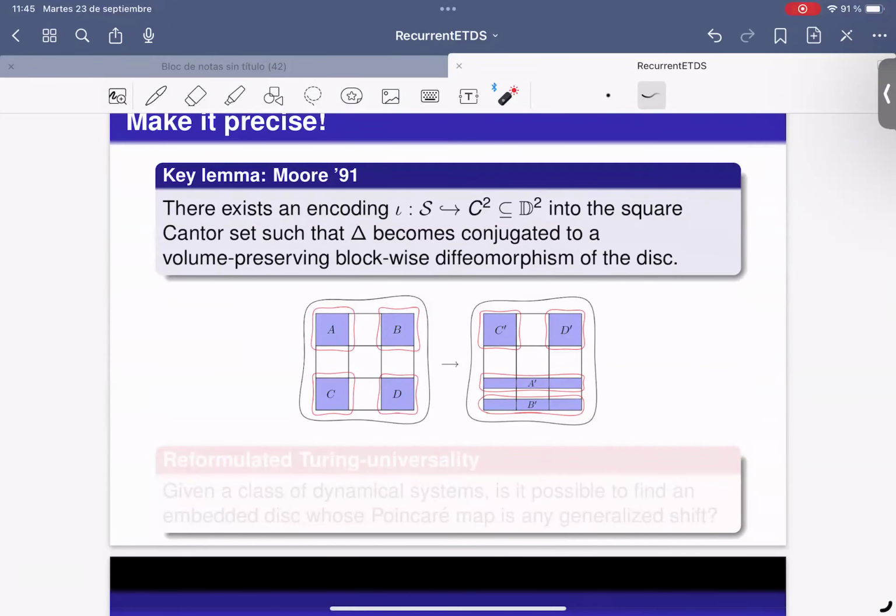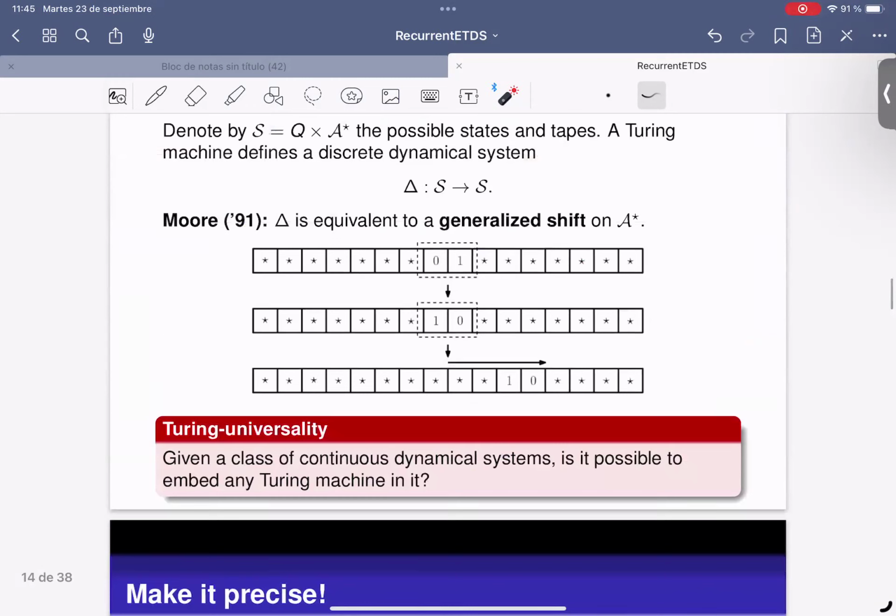Okay, so how can I make this much more precise? Well, it turns out that I can embed this state space. Actually, I can embed this A star, this space of two-sided sequences, inside the Cantor set, the square Cantor set. The idea is, if I have binary sequences, then since the points in the Cantor set are numbers whose expansion has only digits 0 or 2, every time I have a 0, I embed it as a 0 in the expansion of my number.